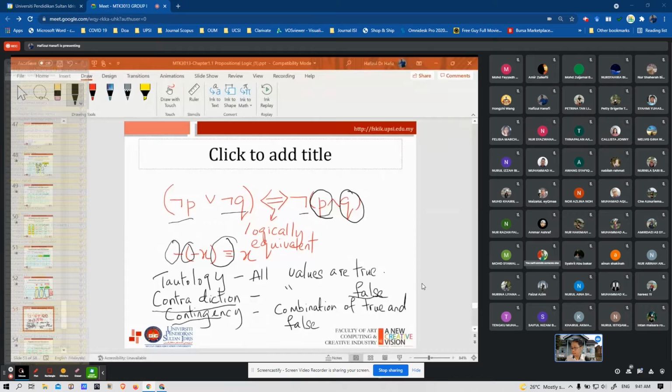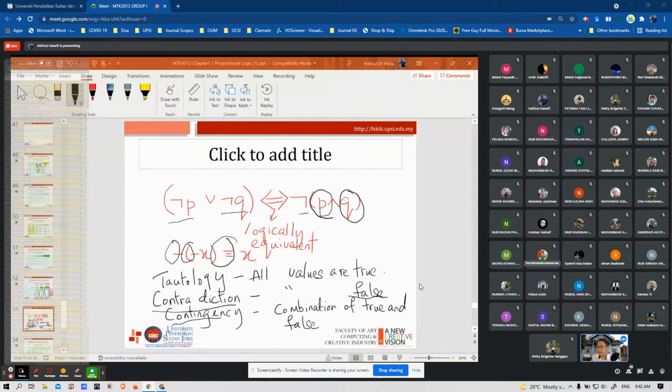For example, contradiction and contingency in logic: this is a combination of true or a combination of false. In philosophy and logic, contingency is the status of a proposition that is neither true under every possible valuation, which is a tautology, nor false under every possible valuation, which is a contradiction.